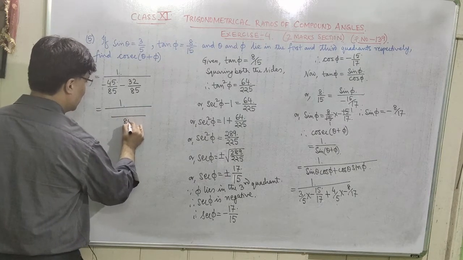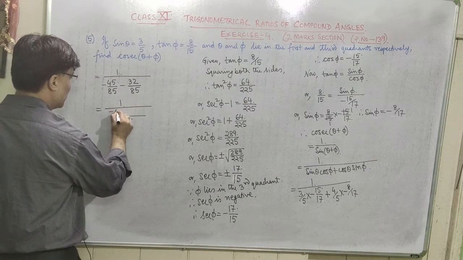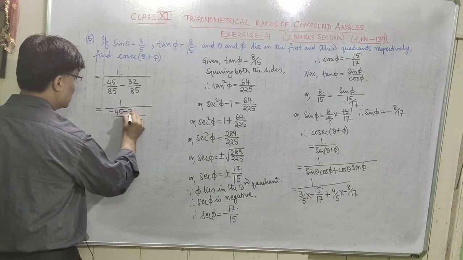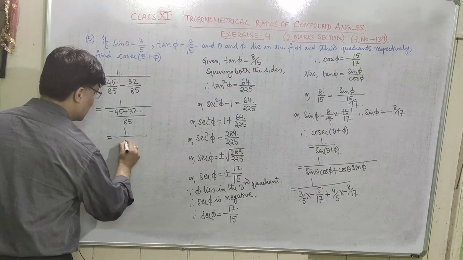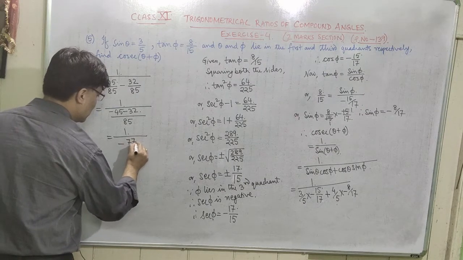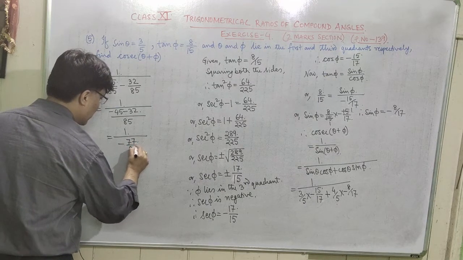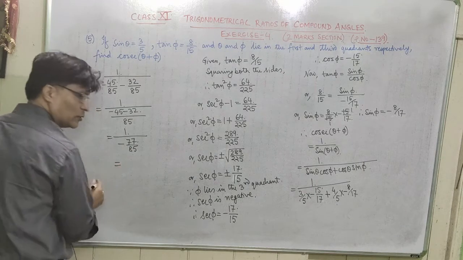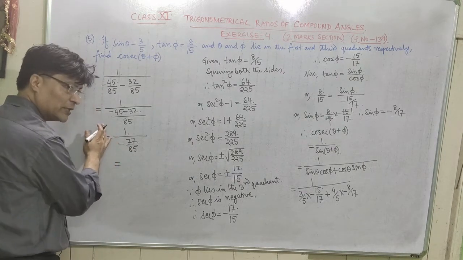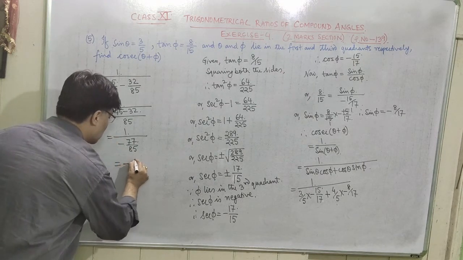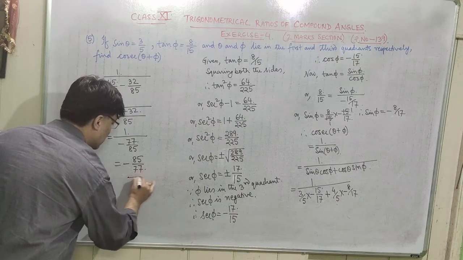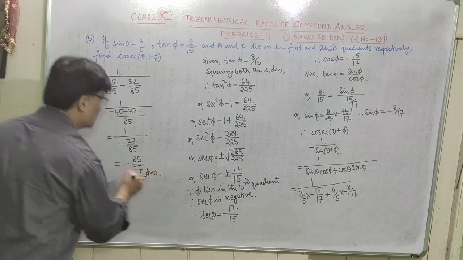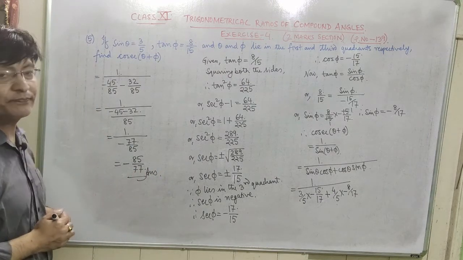It is 85. So it is minus 45 minus 32, which is 1 upon minus 77 divided by 85. When it goes up from the denominator to the numerator it becomes upside down, so it is minus 85 divided by 77. So this is the final answer.